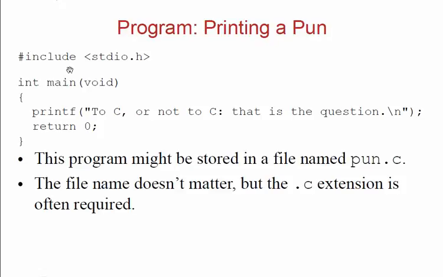Following that, we have the main function. Main is known as the minimum function, or the entry point for the execution of the program. The execution of a program always begins with the main function. Every C program consists of at least one function, which is the main function.